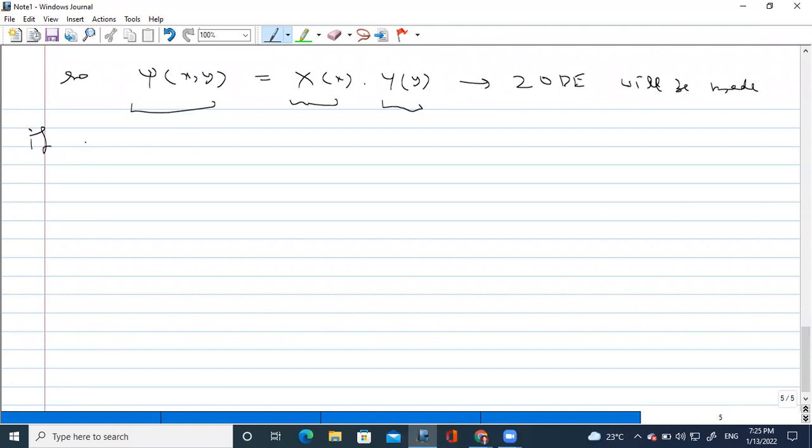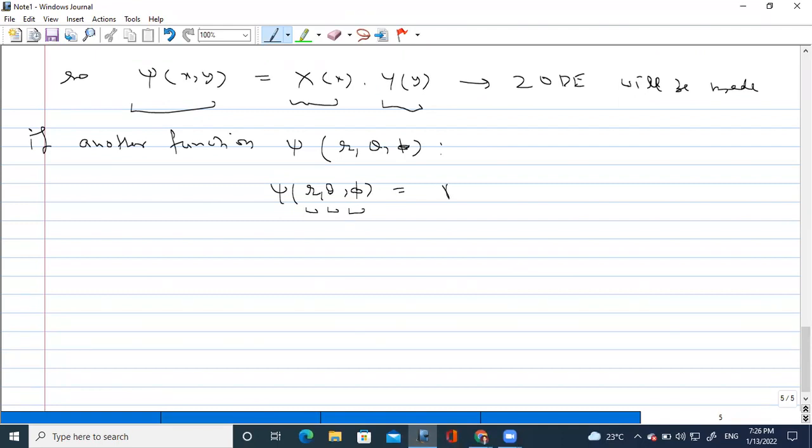If another function, suppose psi depending on r, theta, phi, then in the same way we can have psi(r, theta, phi) written as a separate function of r into a separate function of theta into a separate function of phi.